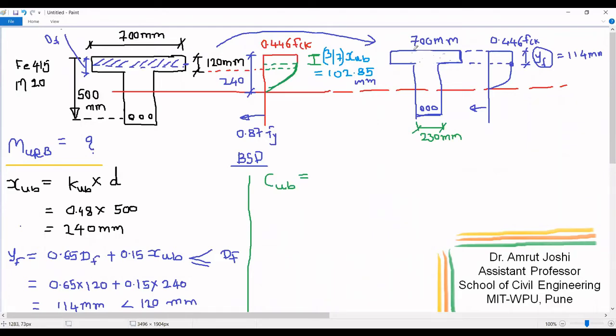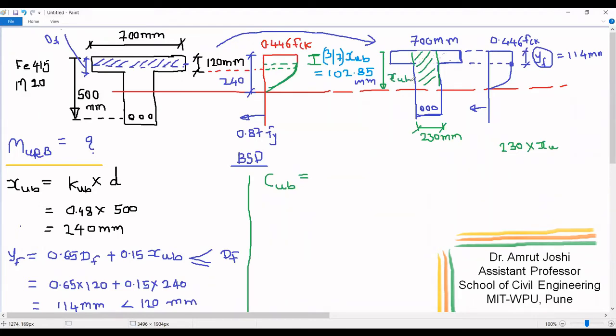We will split this cross section on compression side into two parts. The first part has the dimensions 230 cross XU, where XU is the location of neutral axis.